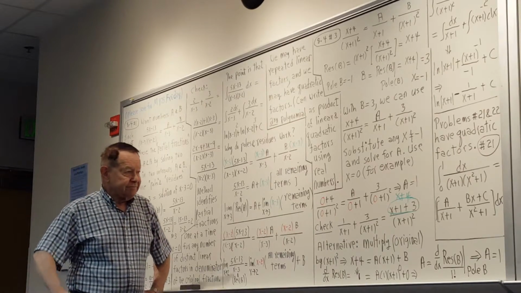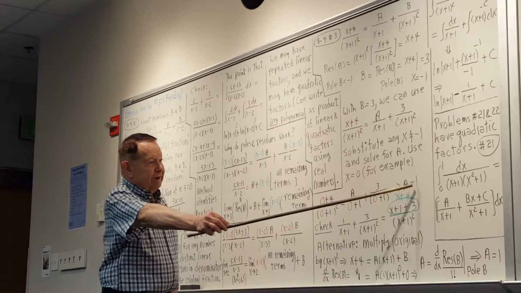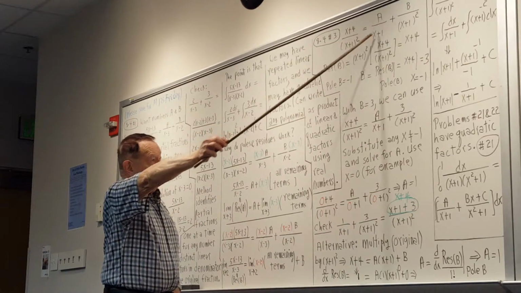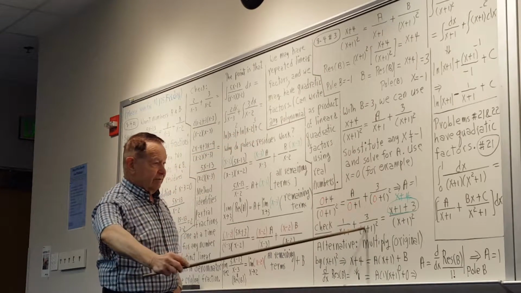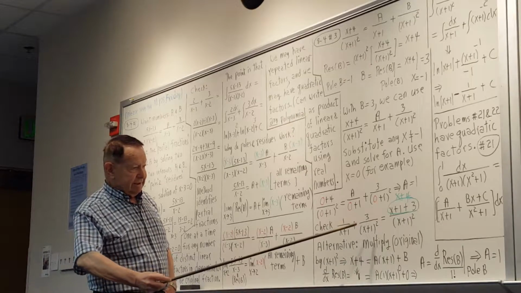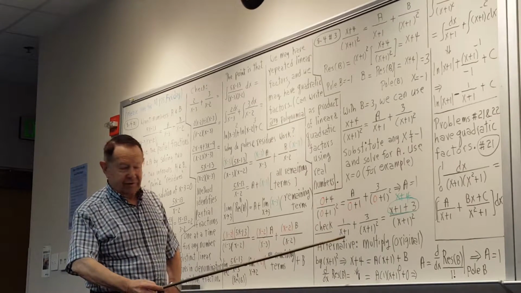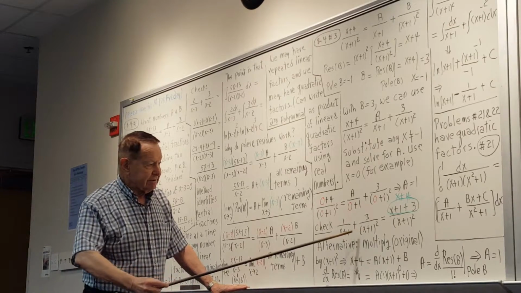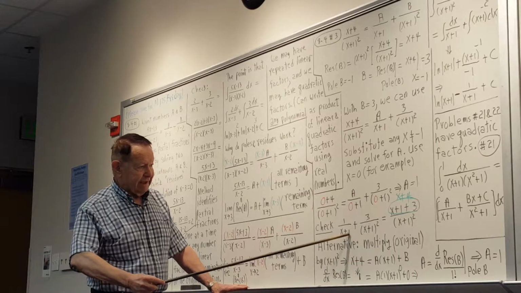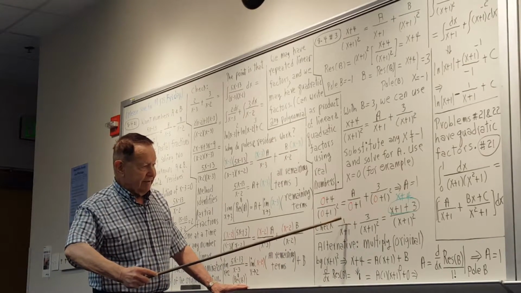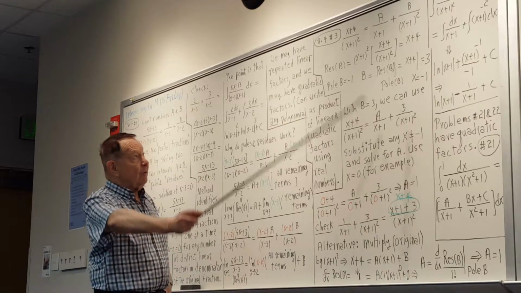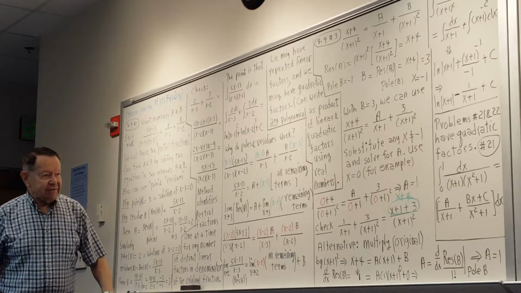But you can check that 1 for a and 3 for b work, because if you take 1 over x plus 1 plus 3 over x plus 1 squared, what you'll have then is these two fractions, and if you add the fractions, you get a common denominator, multiplying top and bottom here by x plus 1, and so then you'd have x plus 1 plus 3 over x plus 1 squared, and you see that's x plus 4 over x plus 1 squared. So you can see it works.